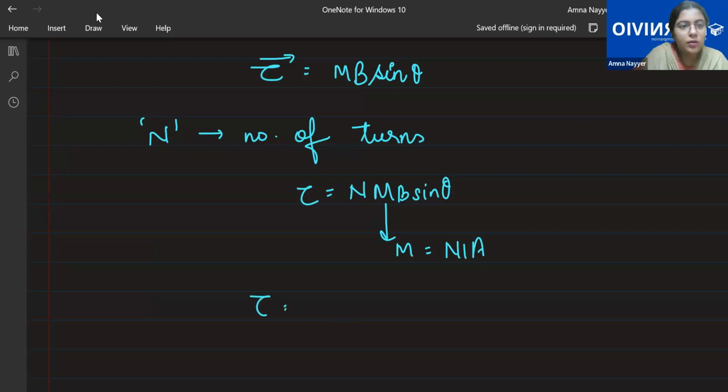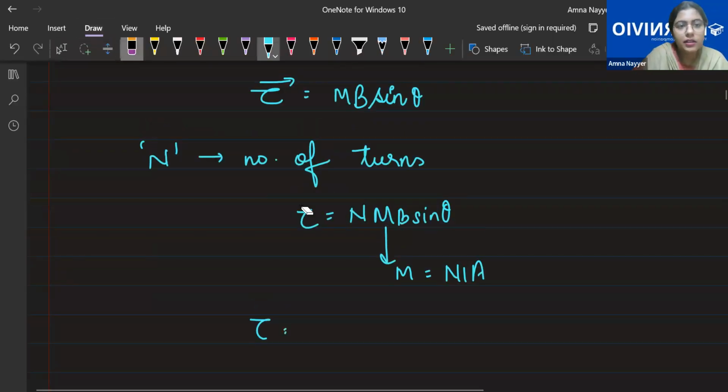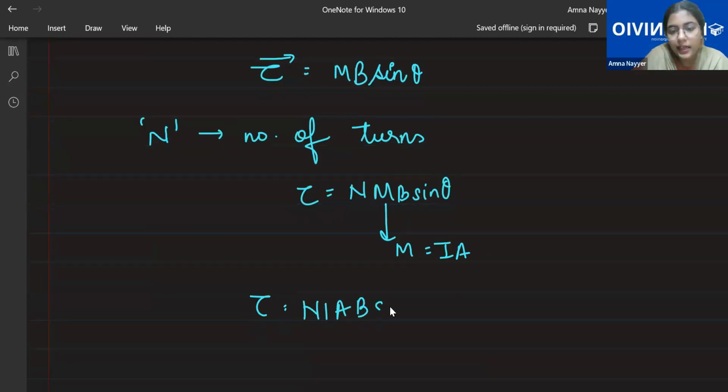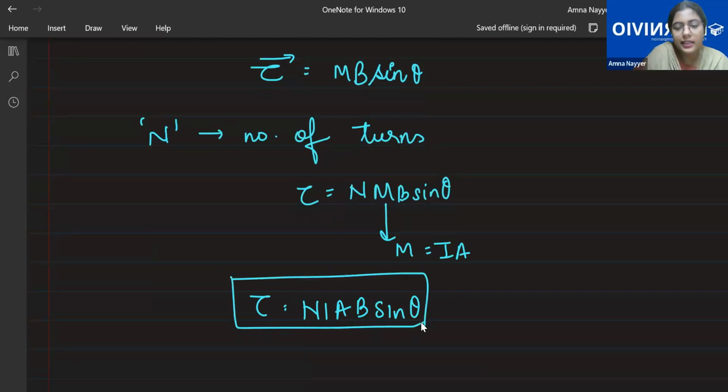So torque will be, if I remove this n from here, because n I have already taken here, I into A. So this becomes n into I into A into B sine theta. NIAB sine theta is the formula of the torque.